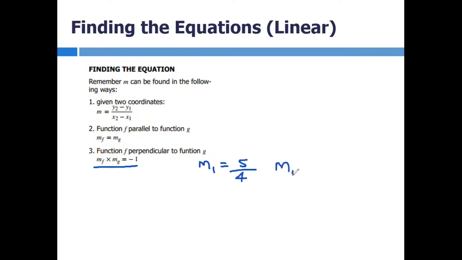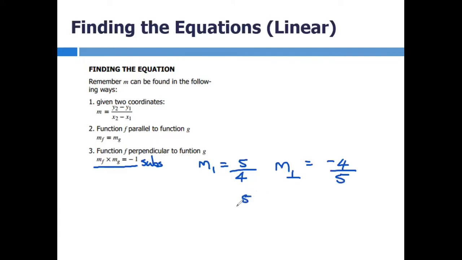the gradient of the one perpendicular to that is always going to be flipped over, and then you change the sign. And it will be like that every single time, because I find sometimes children try to substitute into this formula, and it's okay, but it ends up wasting a lot of time. It's something you should be able to do in one step.